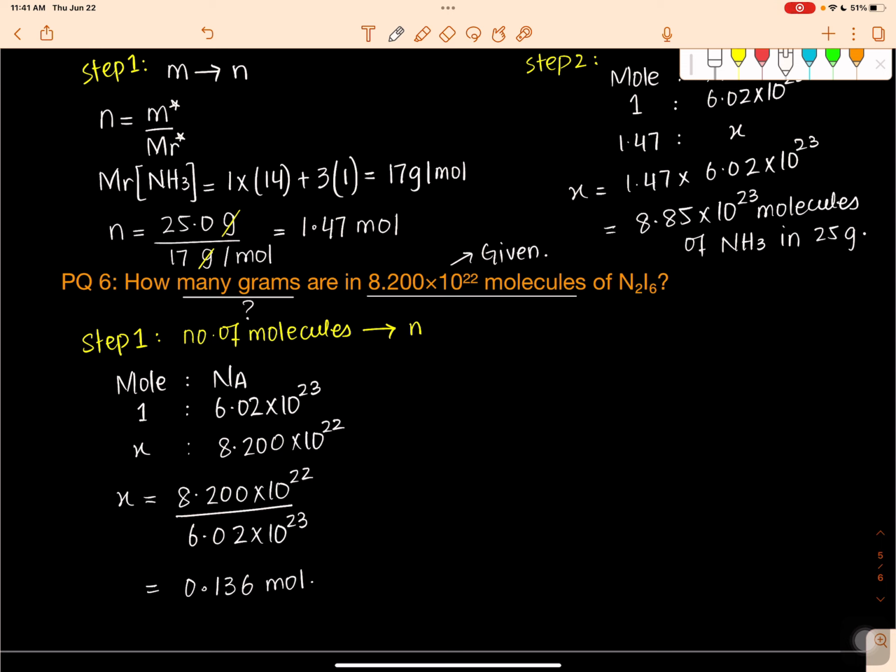Now in order to find out the grams, since we have the number of moles here and the triangle says that there should be an MR value, we need to find out the MR. So in step number 2, we are going to convert the number of moles into mass, and for that we will be using a formula: mass is equal to number of moles times MR. So first we need to find out the MR of nitrogen iodide.